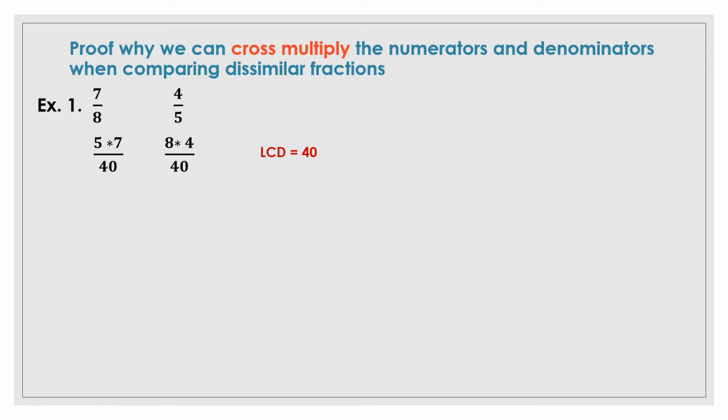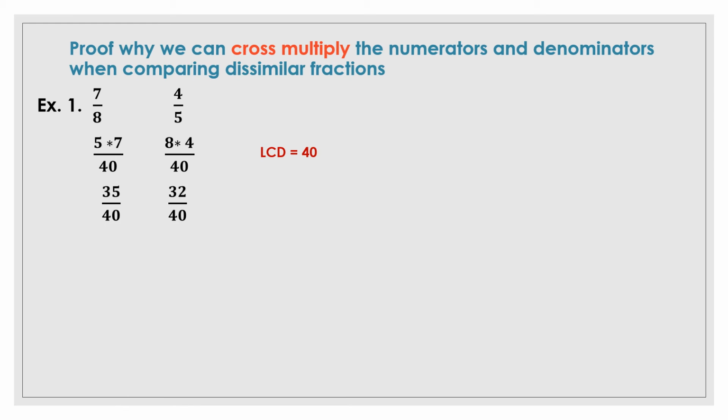Kaya, kung gagamitin natin itong LCD na 40, we have 40 divided by 8 is 5 times 7. Yan, ilagay na natin dito sa una na meron na tayo dito na 5 times 7. Dito naman sa kabila, 40 divided by 5 is 8. So, isulat dyan sa numerator times the numerator which is 4. Kaya meron tayo dito na 8 times 4 sa numerator.